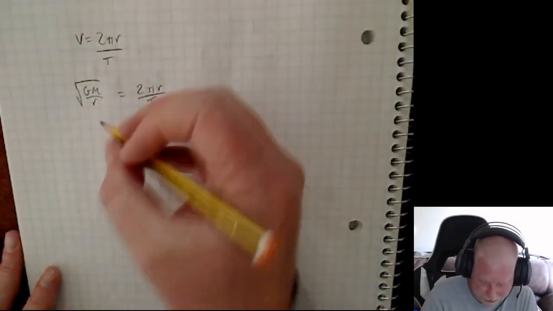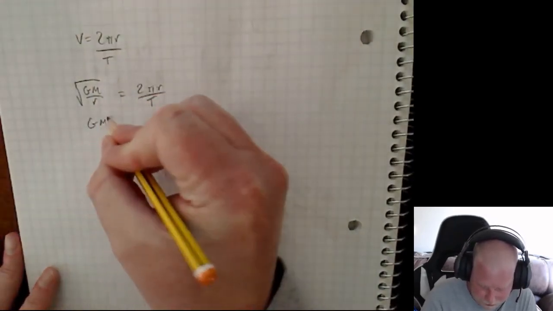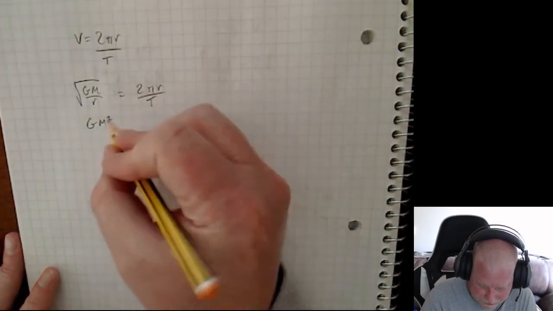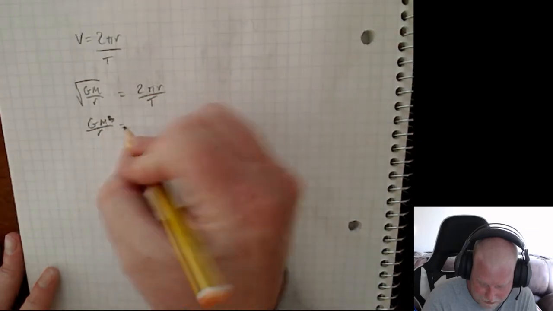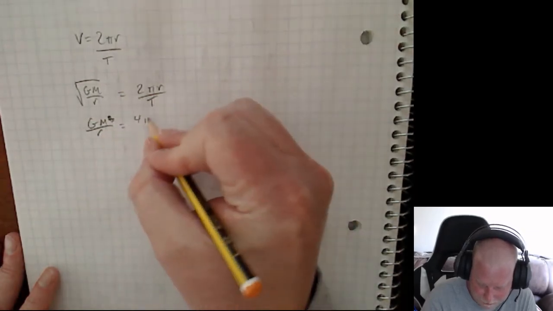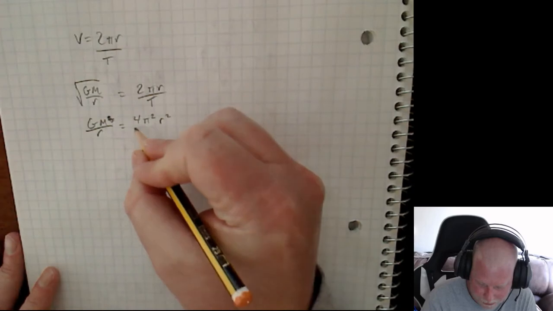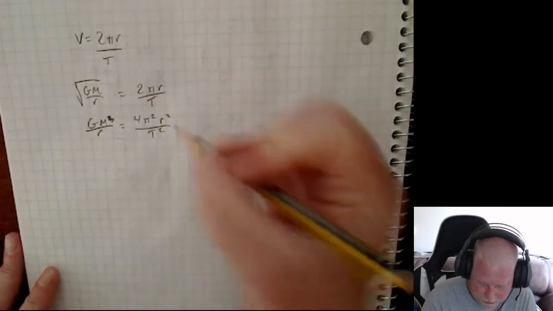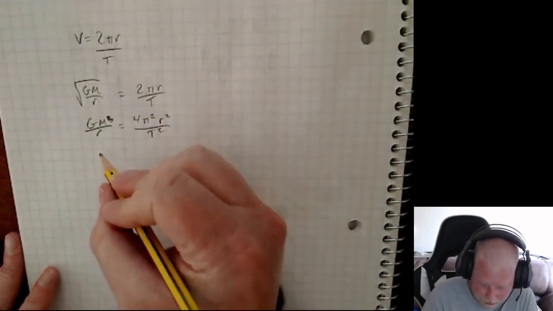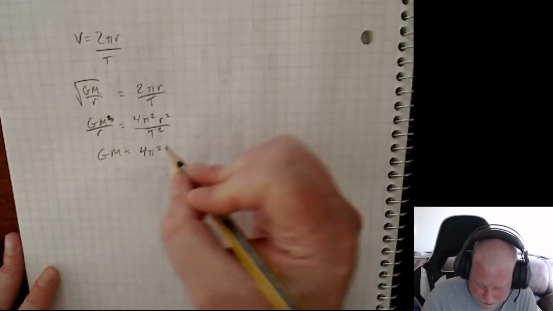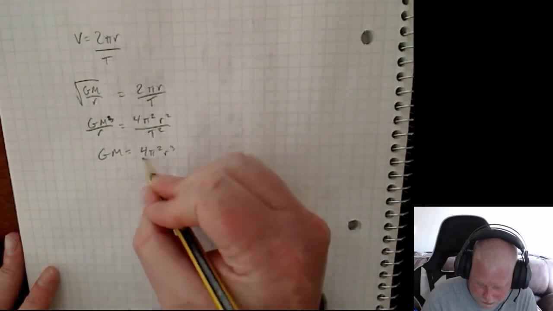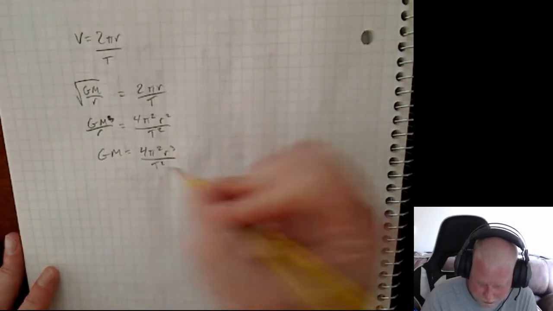Alright, let's get rid of the square root. It's always nice not to have any square roots laying around. So GM over r is equal to 4 pi squared r squared over T squared. Or GM is equal to 4 pi squared r cubed over period squared.